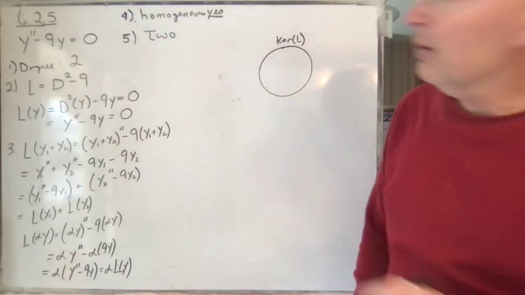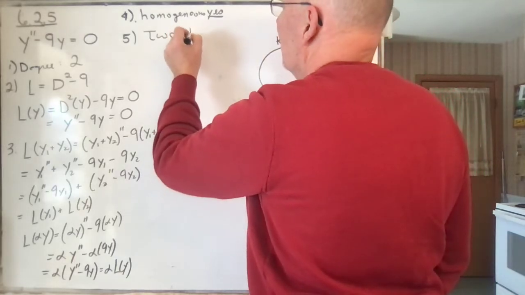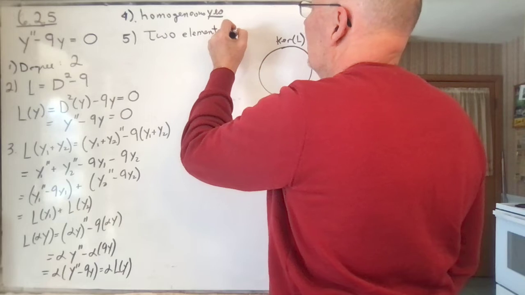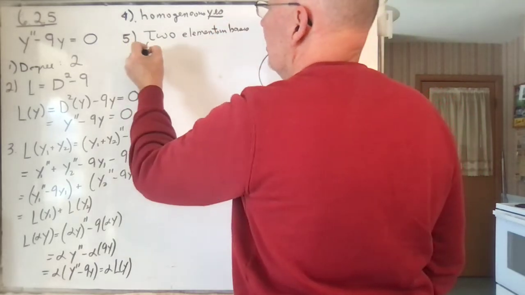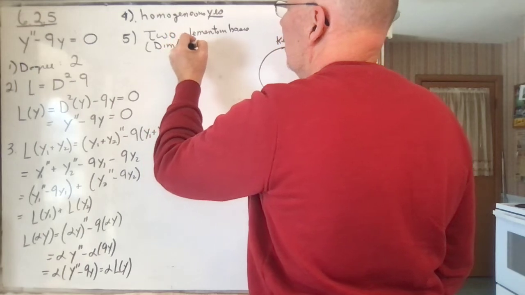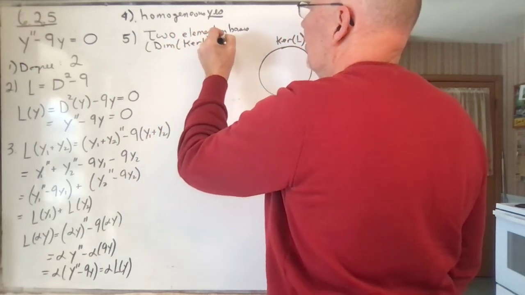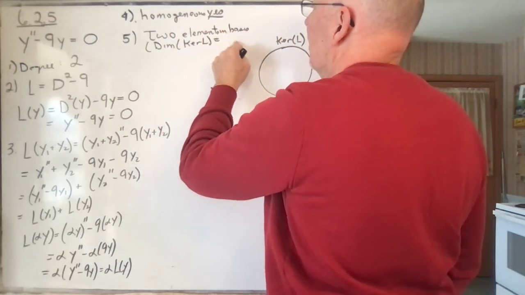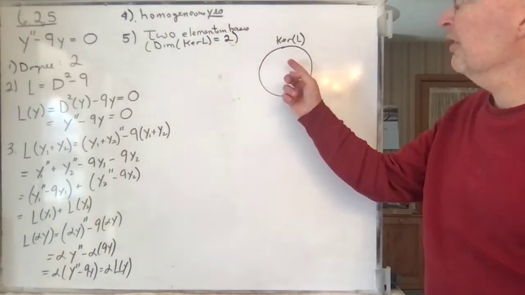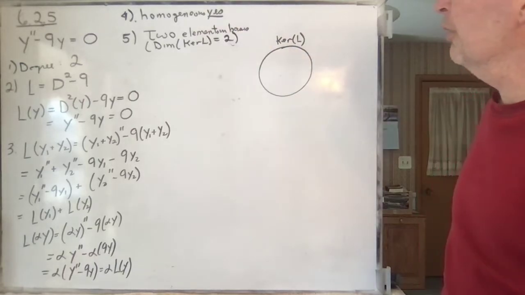So 2 elements in the basis. The dimension of the kernel of L is equal to 2, which means there are 2 elements in the basis.